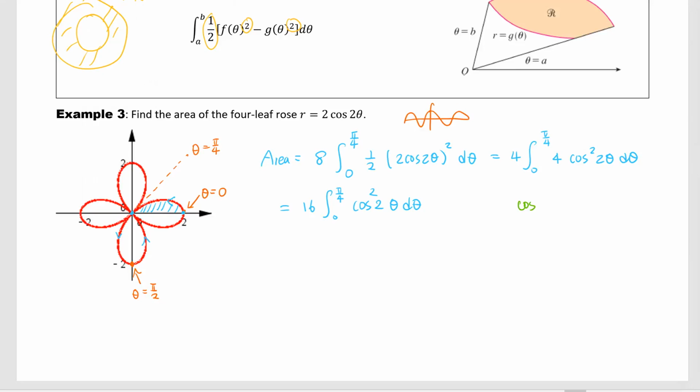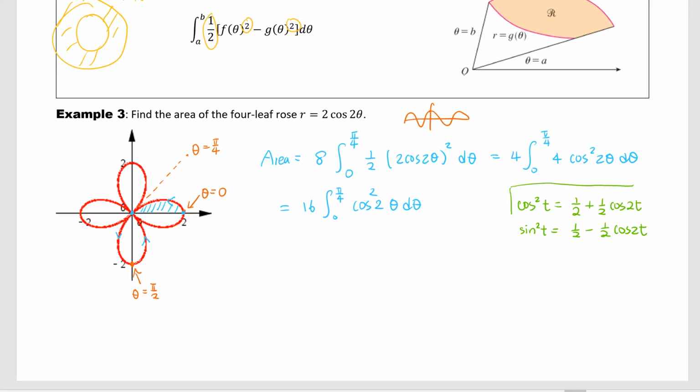So what is cosine square? So cosine square, don't use theta, let's use t. What is that? 1/2 plus 1/2 cosine 2t, right? And sine square is 1/2 minus 1/2 cosine 2t. So you can see which one do we use?